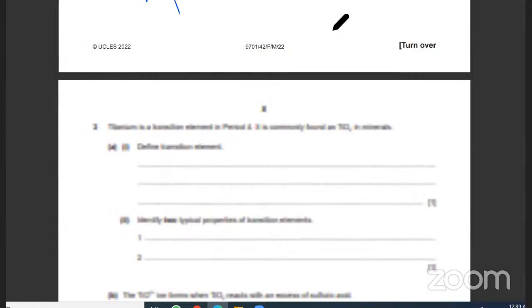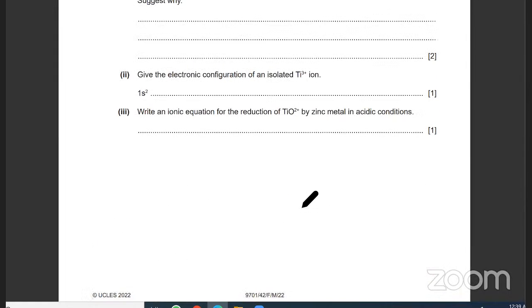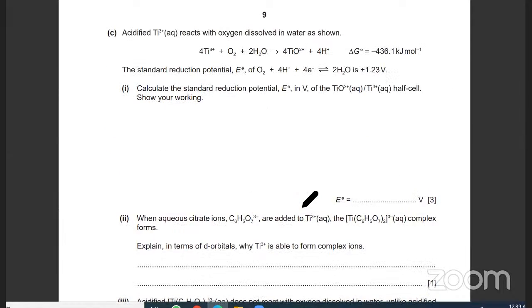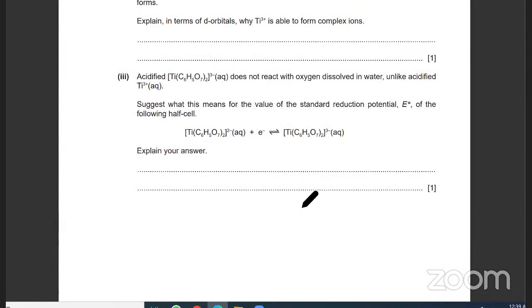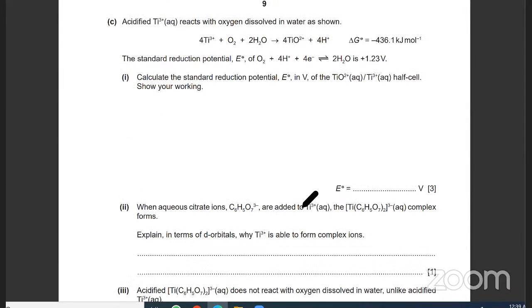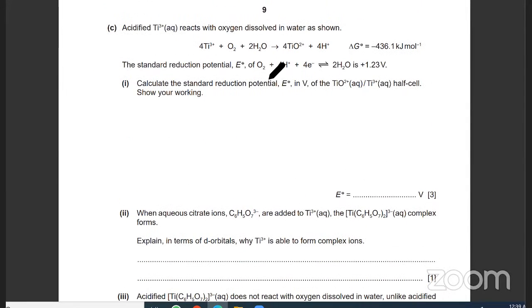Makes sense. 3C1. It must be from this. I mean, this is the only paper that has this formula. This one above. C1, right? Because they gave you the Gibbs free energy and you were supposed to figure out the E naught cell using that.